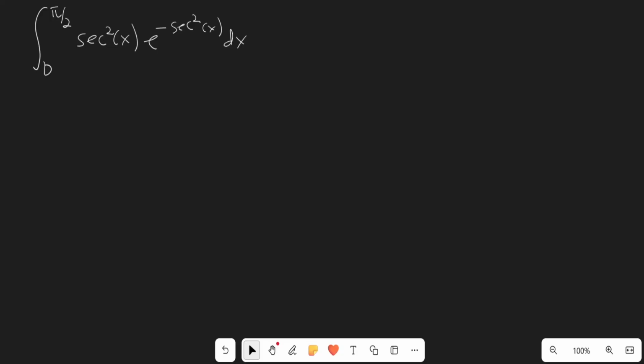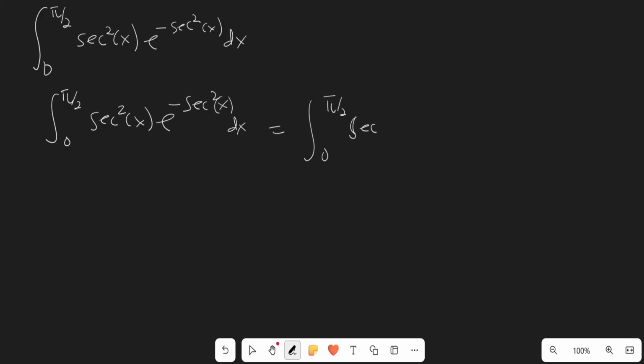So let's dive right into it. The integral from 0 to pi over 2 of secant squared x e to the negative secant squared x dx. This one can be split into the integral from 0 to pi over 2 of secant x e to the negative tangent squared x plus 1.